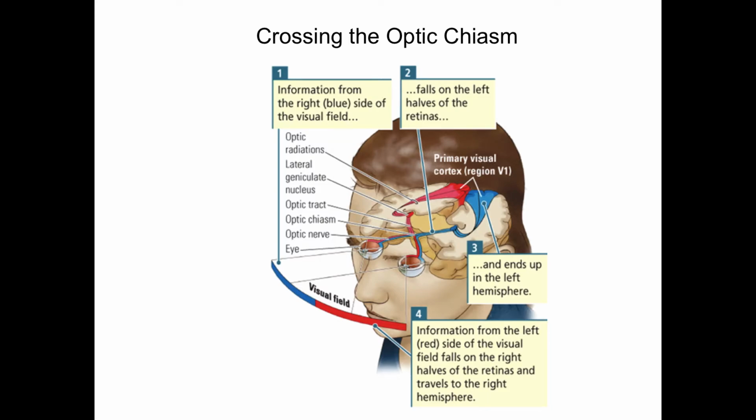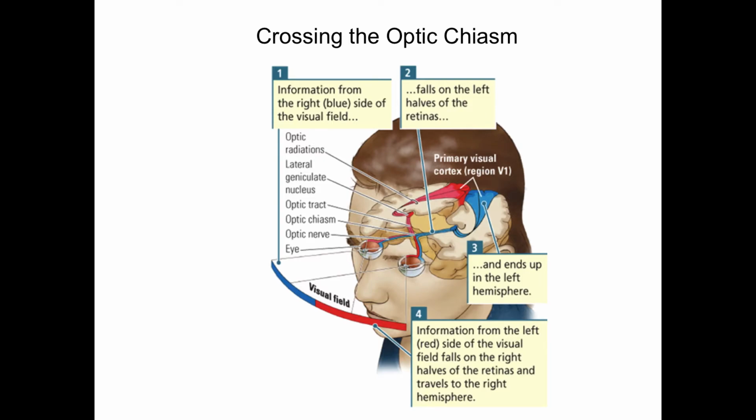So after crossing, the two bundles going to each hemisphere are now called optic tracts, because tracts are the ones that go in the brain or are in the brain. These optic tracts consist of retinal ganglion cell axons from the retina. So these axons go all the way from the retina to the brain, and at some point, they diverge to form two main pathways.